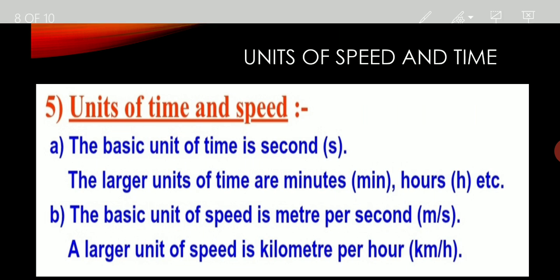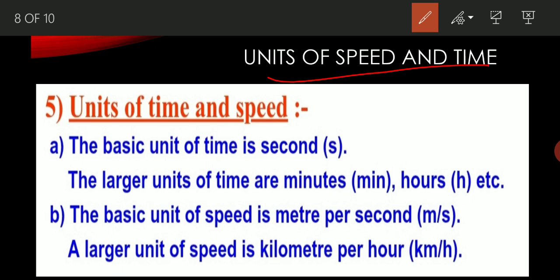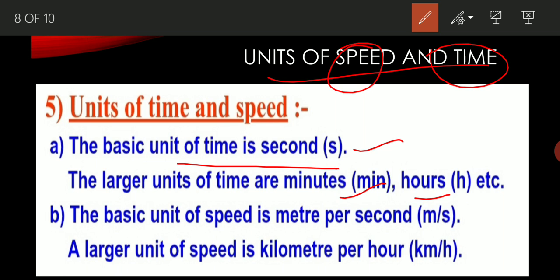Clear? Now the next one is units of speed and time. Both things, as I have told you already, should always be in your mind. The basic unit of time is second, and the larger units are minute and hour. But when we are calculating the speed, we should write meter per second or kilometer per hour.